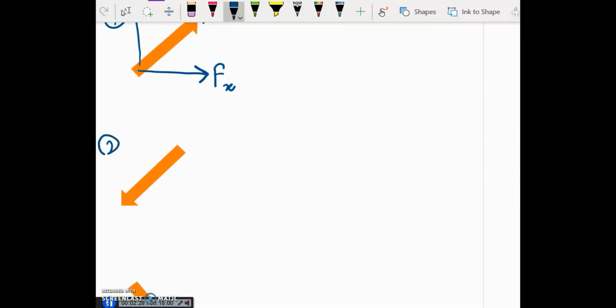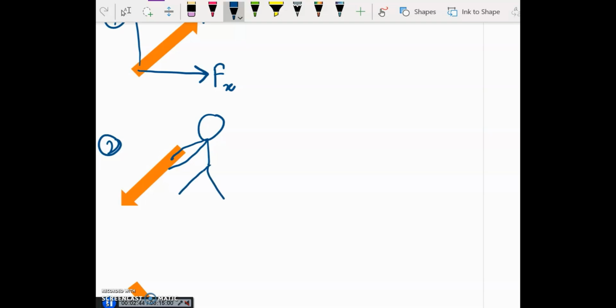Example number 2. The direction of force is downward, inclined downward at a certain angle. In a real life example, maybe we have someone trying to push a lawn mower.